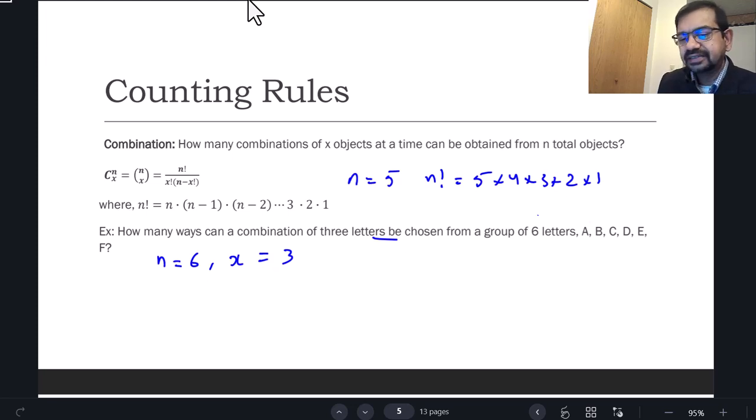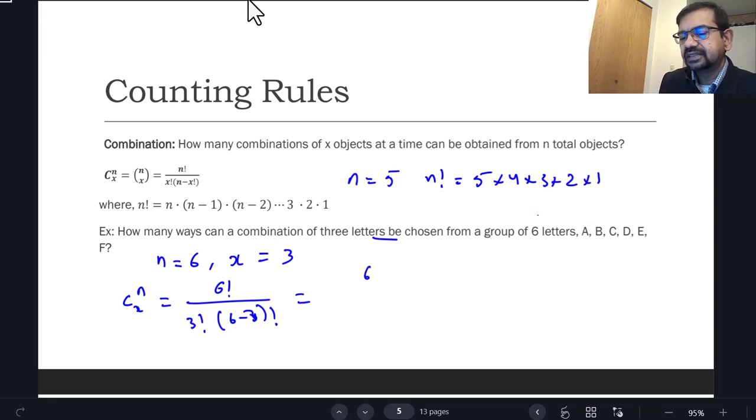So the number of combinations will be given by nCx, which, as we've seen, is n factorial divided by x factorial times n minus x factorial, which would be 6 factorial divided by 3 factorial times 6 minus 3 factorial.